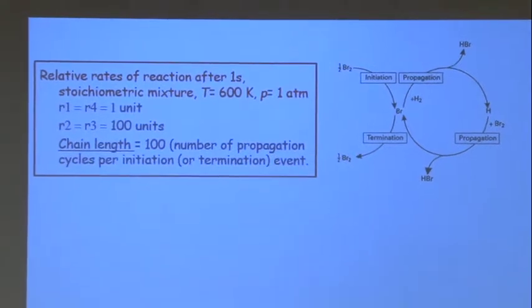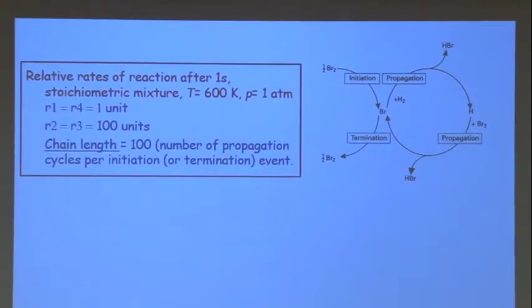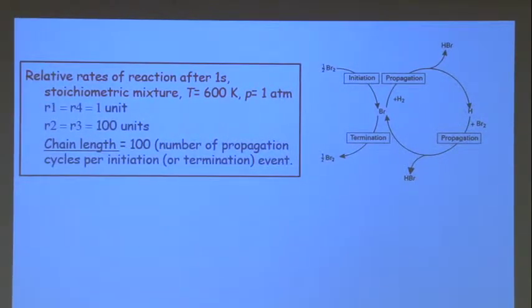And they must be equal because in the steady state we're not changing the overall concentrations of the chain carriers, and their concentrations are not changed in the propagation steps. It's only the initiation and termination steps that change their concentrations. So those rates must be the same.